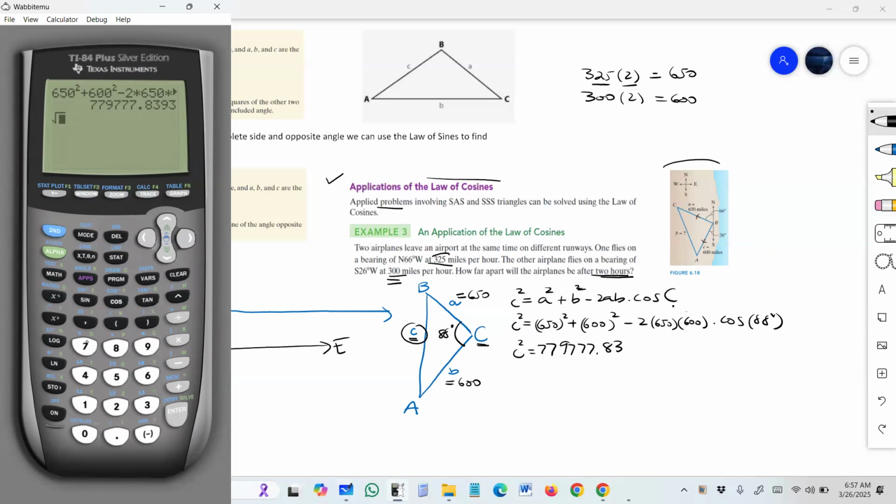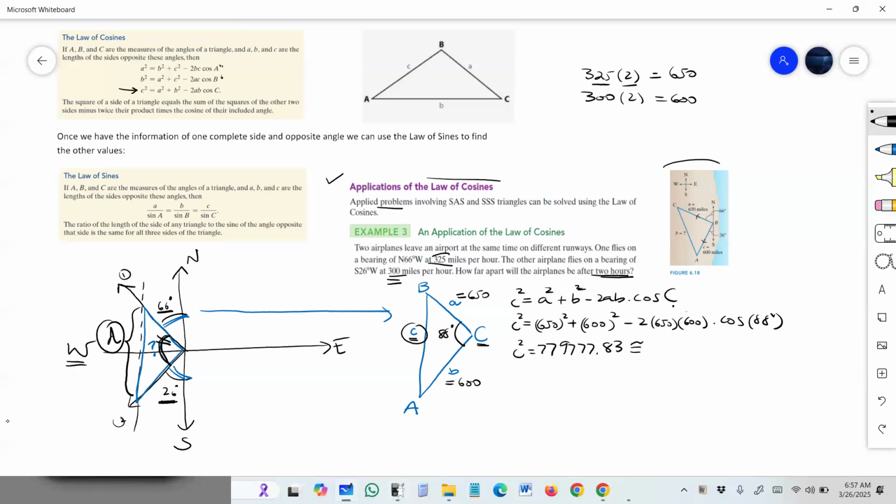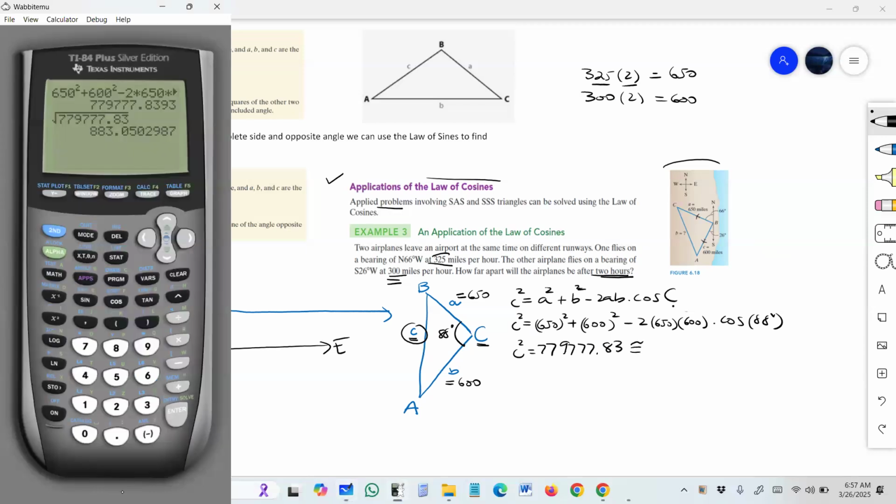Now I'm just going to take the square root of that number. Square root of 7797.83, and we get approximately 883.